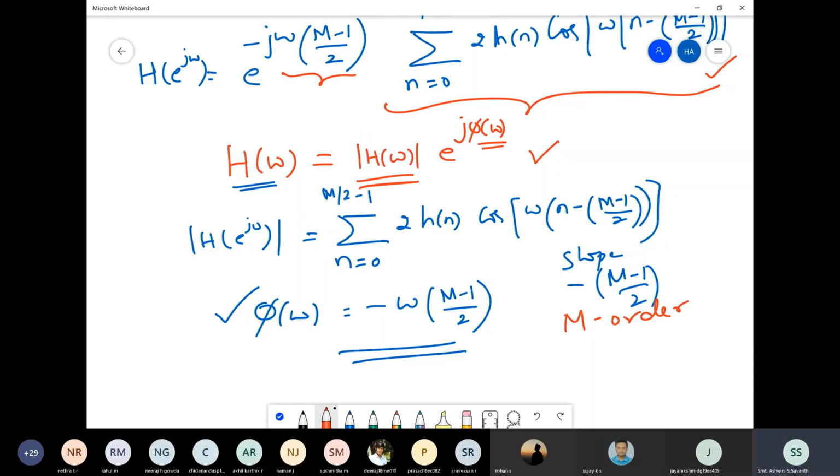Okay. One more thing. Now suppose this magnitude term that we have written here, possibilities are there that this value can be negative. For certain values of omega, this value could be negative. It is not a magnitude as such that we are writing here.